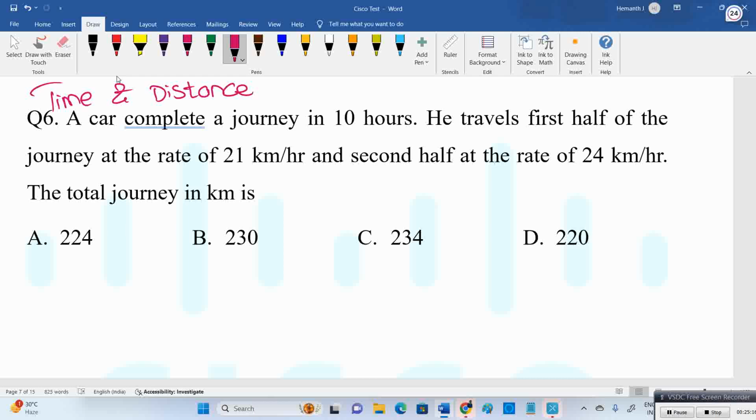The total journey in kilometers, half of the journey is half of the distance. Total time taken to complete the journey is 10 hours.